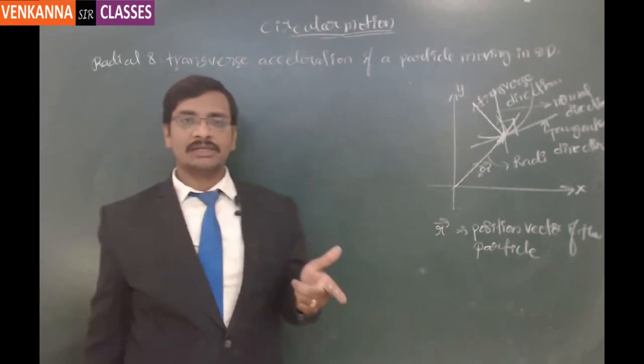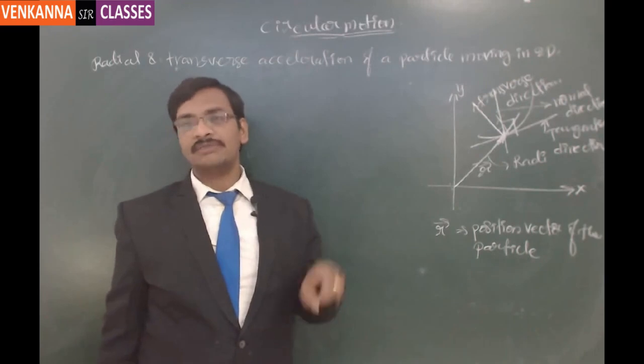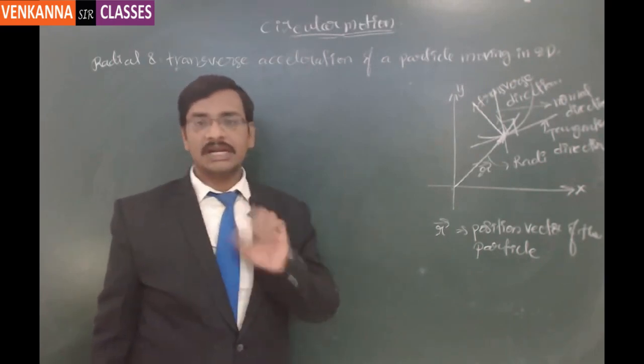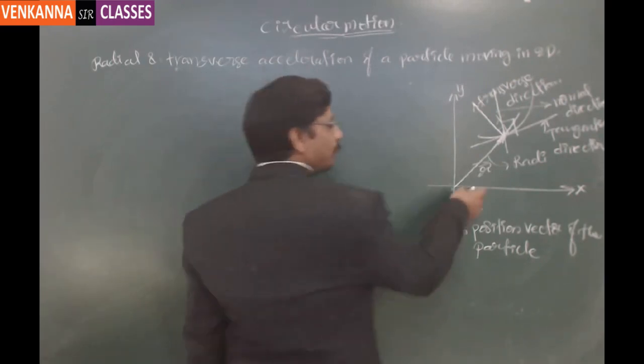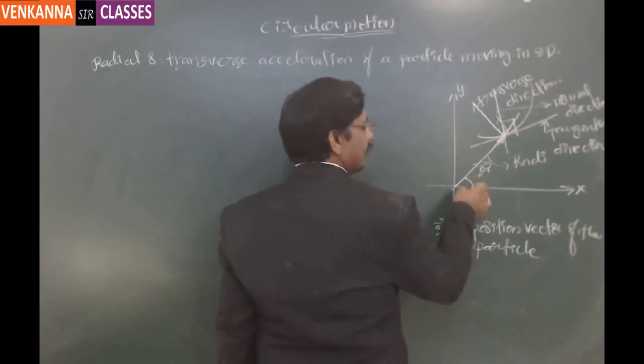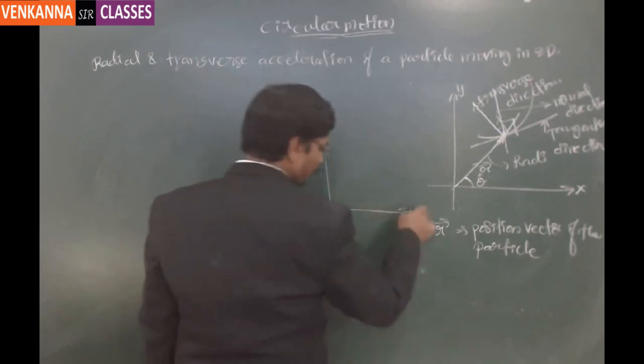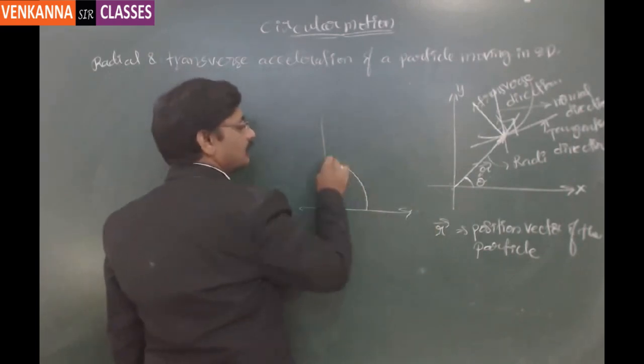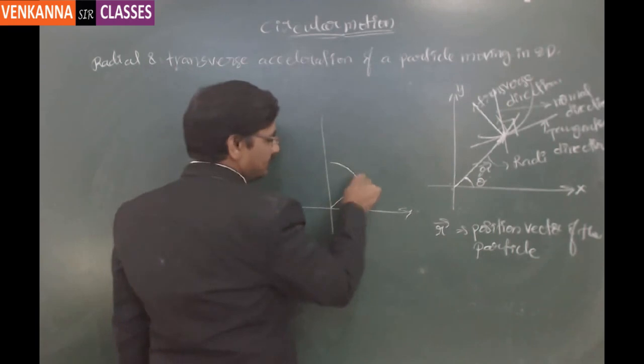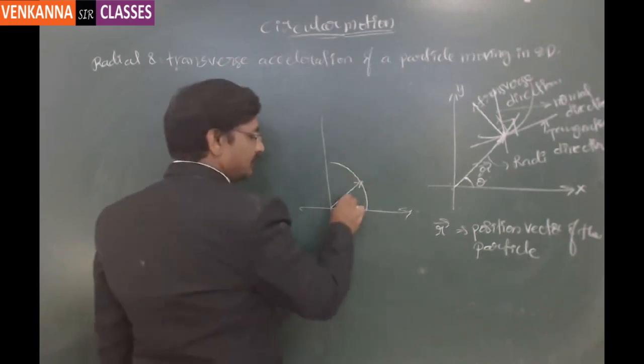Either the radial direction or the transverse direction. Transverse means theta direction. Theta is always perpendicular to the radial. Suppose this is the angle theta. In the polar coordinate system, suppose a particle is moving in a circular fashion like this, and this is the radial and this is the theta.